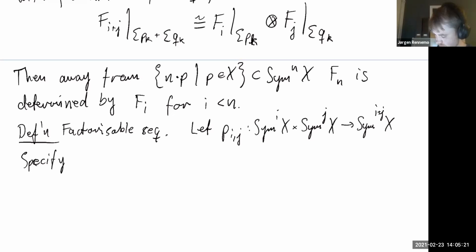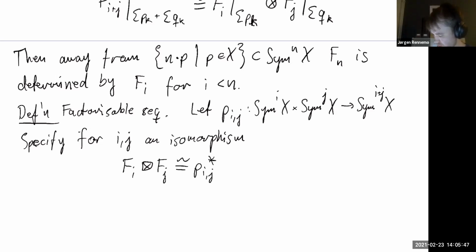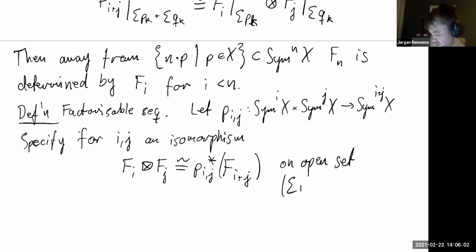For i and j, we specify an isomorphism from Fi box product Fj to the pullback of this thing, but we only specify this on the open set where you have this condition of non-colliding, p's and q's distinct.